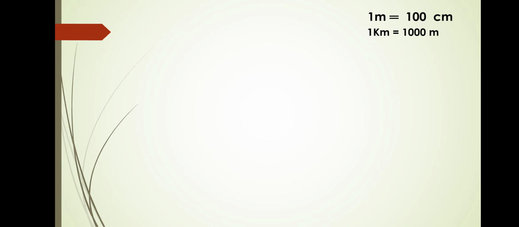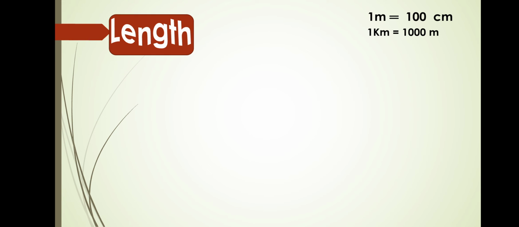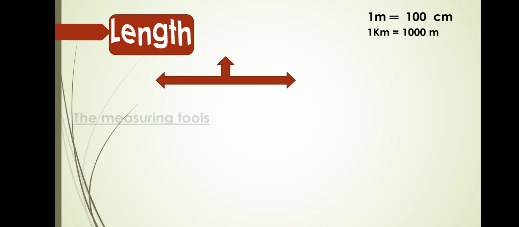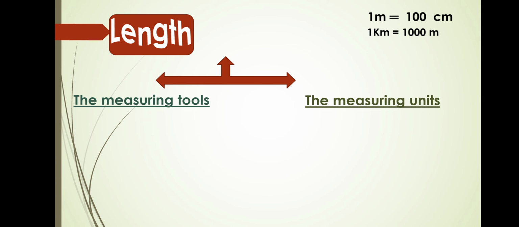Excellent. Okay. Then length, how can we measure length? Also, if you want to measure something, we will have a tool or device and a unit, right? Here also we have tool and unit. What is the tool that we will use?